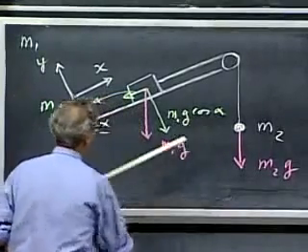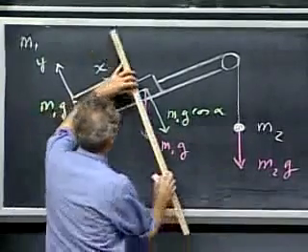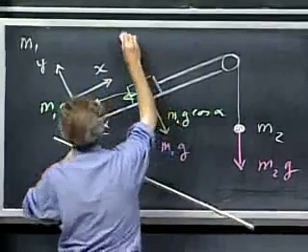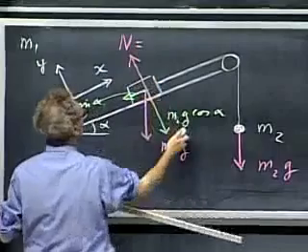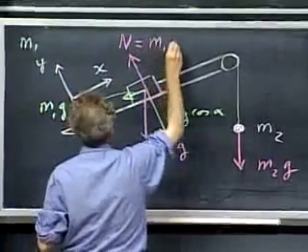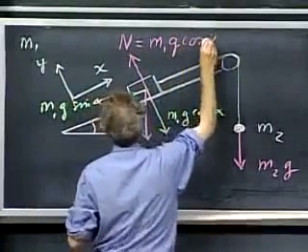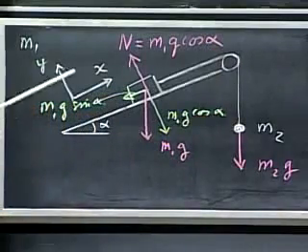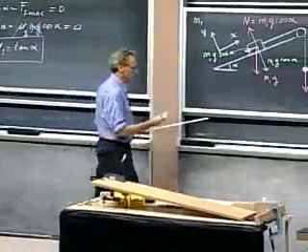Clearly, this one, m1g cosine alpha, we never have to worry about. There is no acceleration in the y direction. So this normal force N will kill this one, and this is m1g cosine alpha. So you never have to worry about the y direction. We know there's no acceleration. We only deal with forces in the x direction that are of interest.